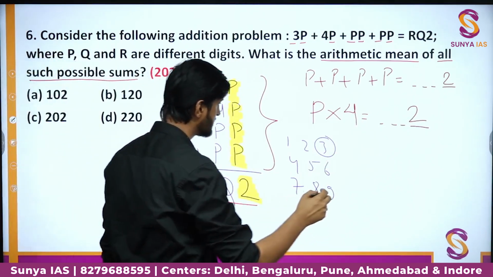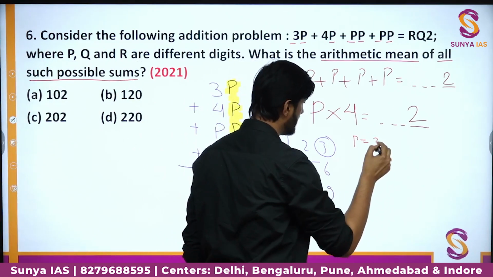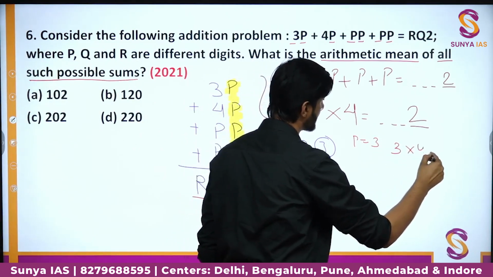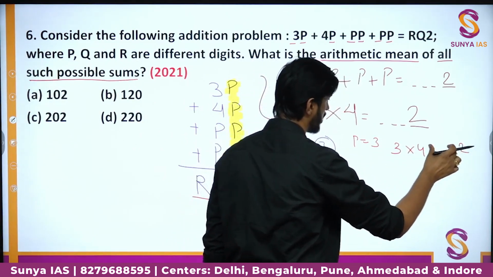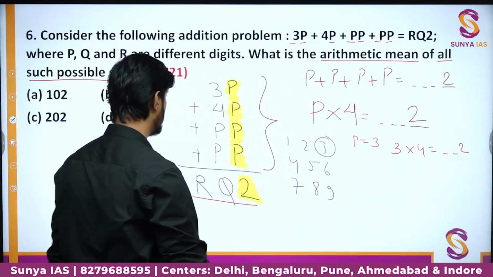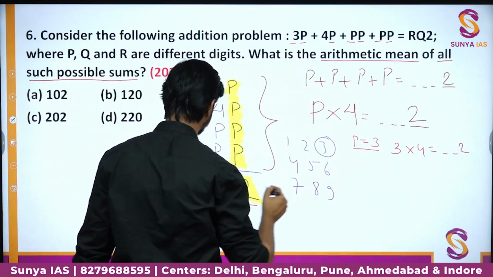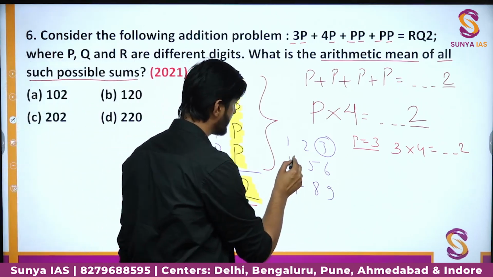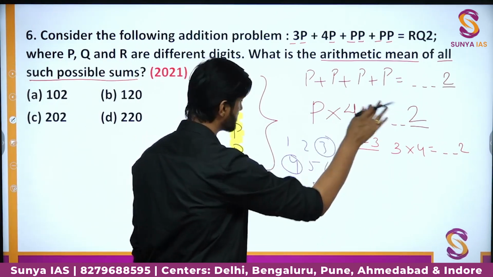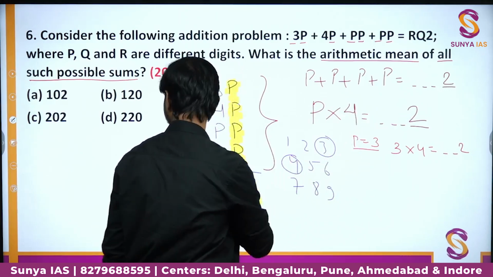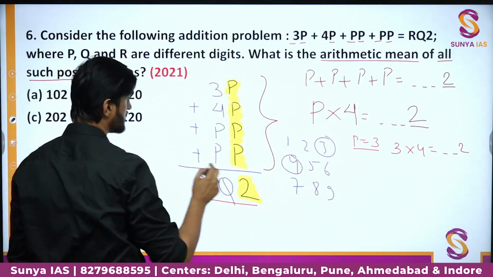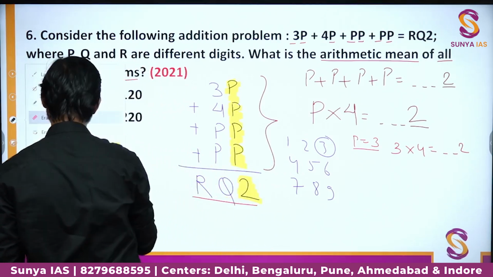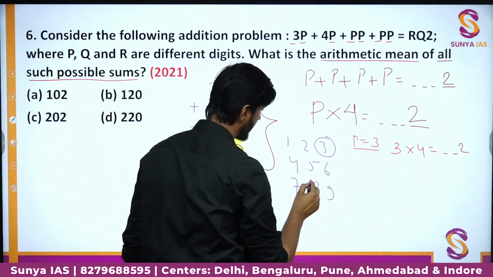So if we take P as equal to 3, we get 3 into 4, the product is 12, and the last digit is 2, right? So this is one possible value of P. Then let us check for more. If we try 4, 4 into 4 is 16, which doesn't work. Same with 5, 6 or 7, they will not work until we get 8.